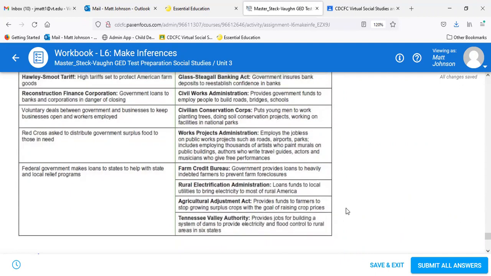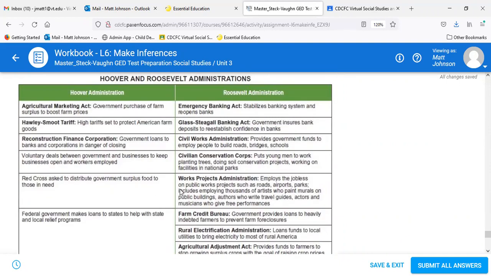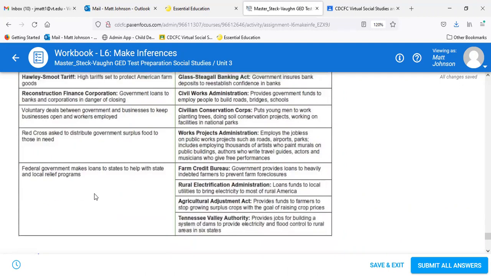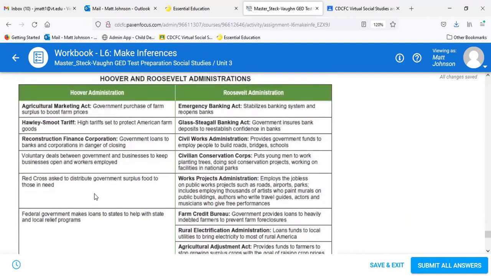So the legacy of Roosevelt is that we have all of these lasting programs, new administrations, federal improvements, things like that. Historians will debate this. Did he go too far?